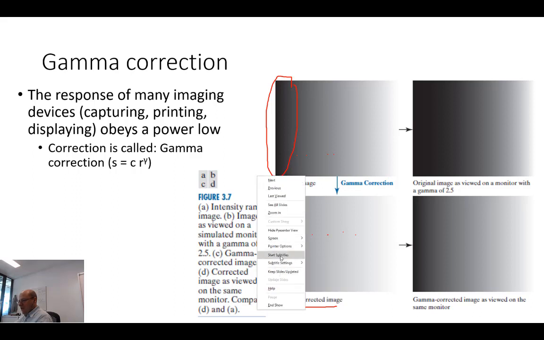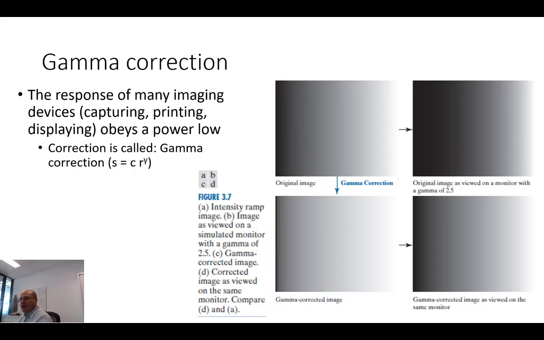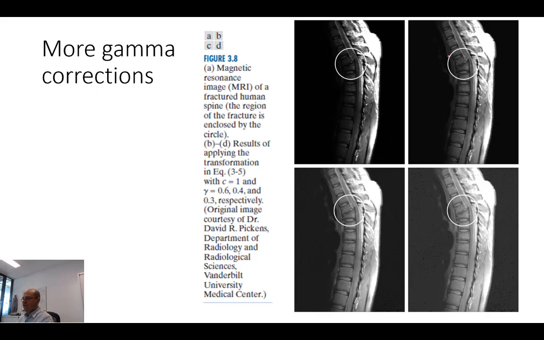Then once you see it through a capturing or displaying device, you're going to see that when you apply this to an imaging device, these darker portions are going to become much more pronounced, whereas once you gamma correct the original image, you're going to have a better output using the same monitor as used here. It's one of the applications of gamma corrections.